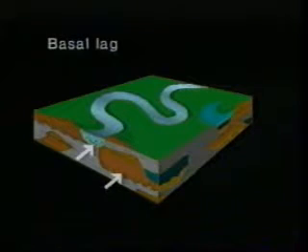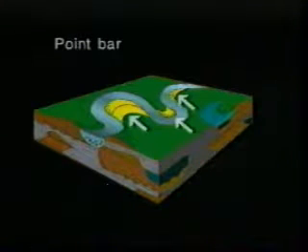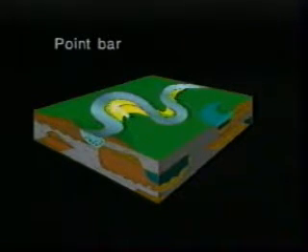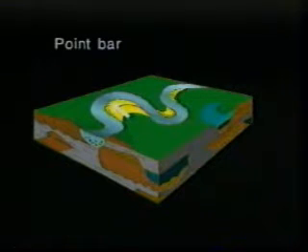Ideally, for example, the active channel shows a veneer of basal lag deposits, made up of the coarsest debris the stream can move, often crudely layered and cross-stratified, overlain by point bar deposits, which are mostly well-sorted, medium to fine-grained cross-bedded sands. As migration proceeds, point bars build out laterally, following the erosion of the outer bank.